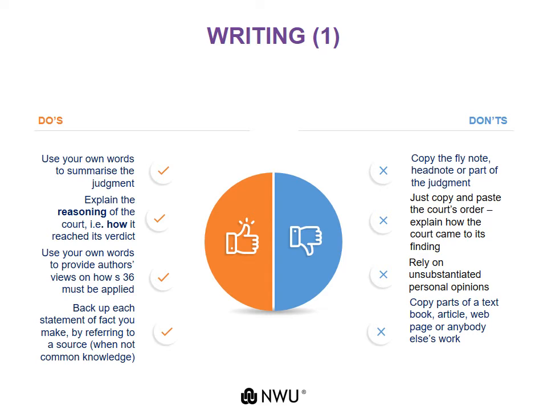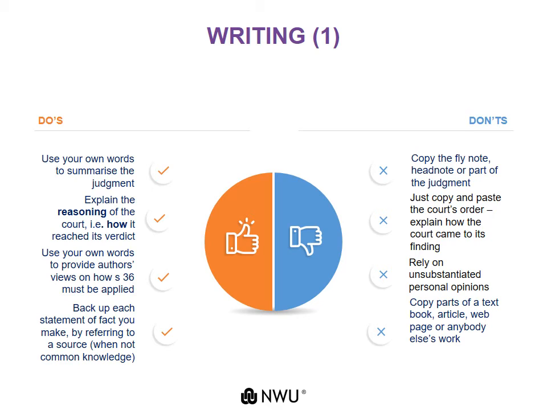When you summarize the judgment and you explain how the court reached its verdict, use your own words. Do not copy text out of the flynote or the headnote or part of the judgment. Explain how the court reasoned, how it reached its verdict.